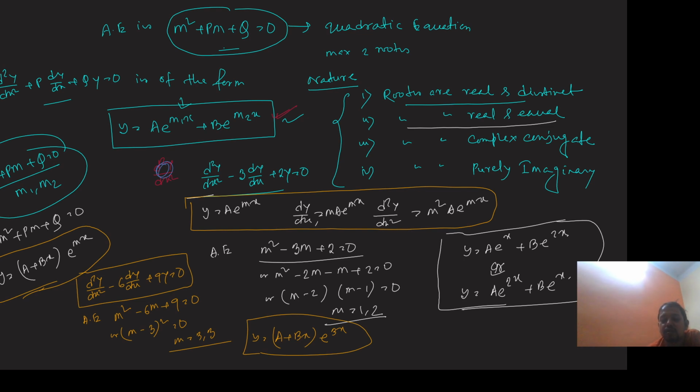So now, in the next page we will discuss numbers 3 and 4: when the roots are complex conjugate and purely imaginary. That means if we consider m squared plus pm plus q is equal to 0, and if we find the discriminant, or find the solution by using Sridharacharya, m is equal to minus p plus minus root over p squared minus 4q, divided by 2.